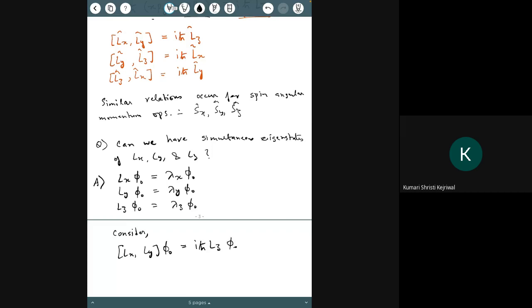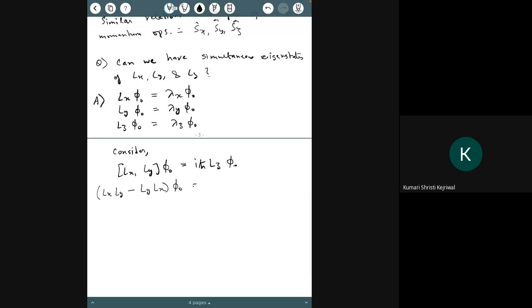So we know that the Lx Ly commutator gives me iħ Lz. Then if I open this out on the left, okay, and Lz acting on phi 0 we've said is lambda z phi 0.